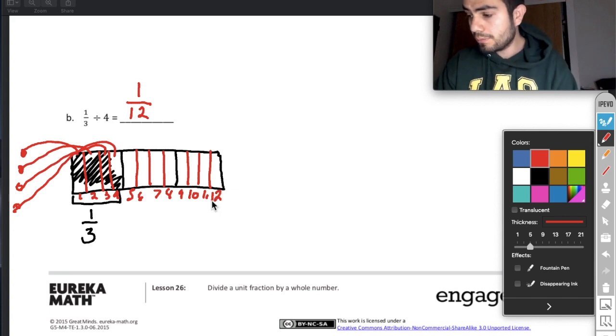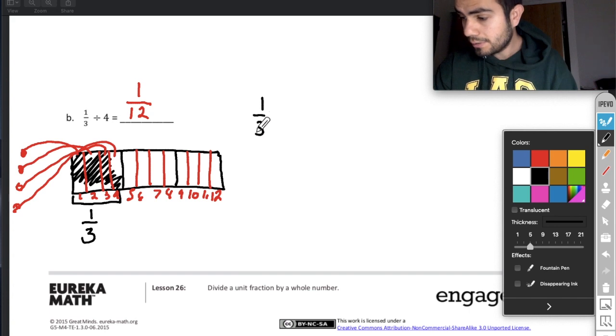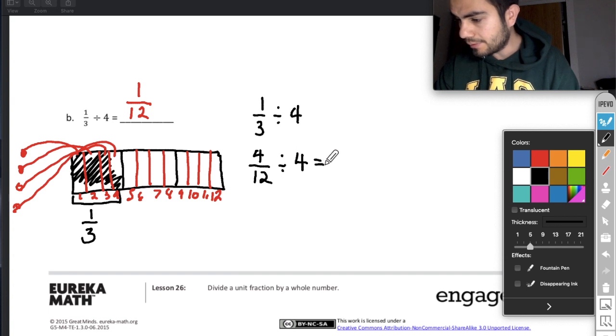Now let's show that with our equation. So we had 1/3 divided by 4 turned into 4/12 divided by 4, which gave us 1/12.